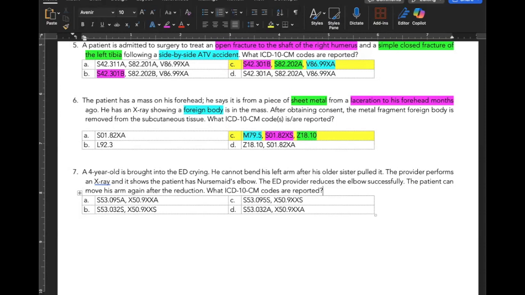S53.03, our 6th character is going to be for our laterality. And this one is left. So we're going to use 0.32. And then what's our 7th character?